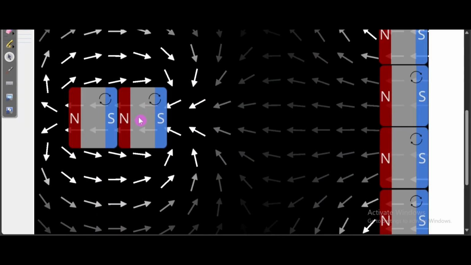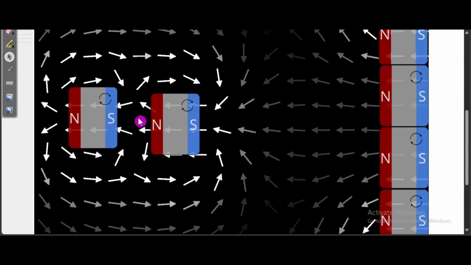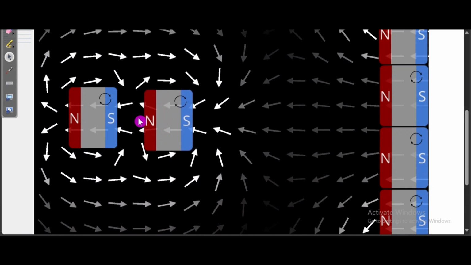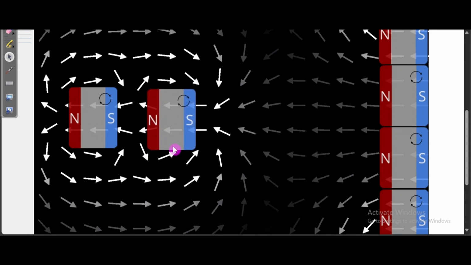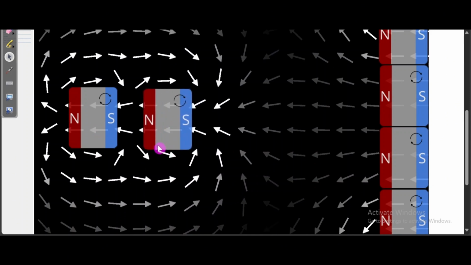In this simulation we will see that if we take the magnet to this position, a force of attraction will be present between this north and the south. I'm moving this magnet here. This magnet will be attracted toward the other magnet, and the force on this magnet at this position is low, but the force will increase.